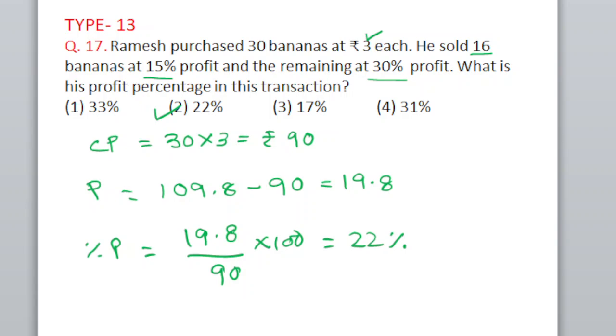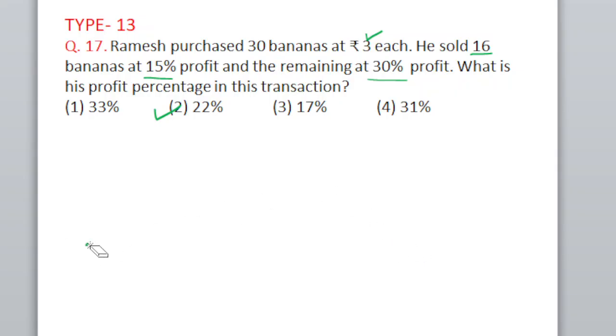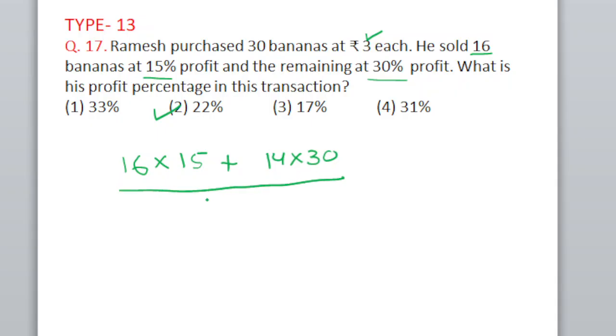Now one formula is there. Then what is that? Now 16 bananas sold at a profit of 15% and remaining 14 bananas sold at a profit of 30%, divided by total number of bananas, which is 30.